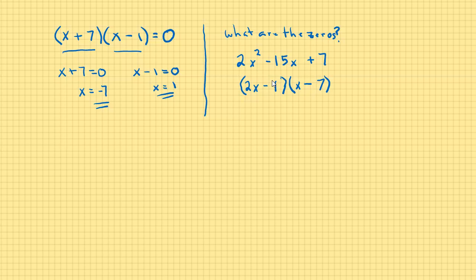And you can check by foiling that you would get 2x squared minus 15x plus 7. Now that product, the product of 2x minus 1 and x minus 7, is going to equal 0 when either one of these factors is equal to 0.